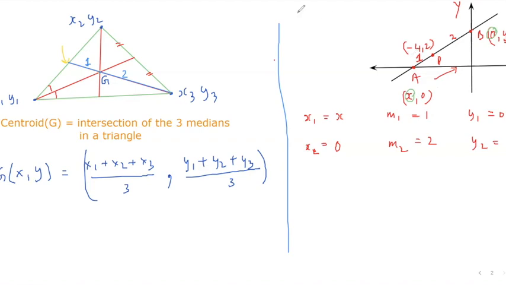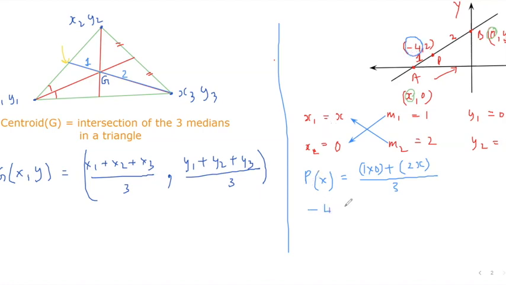Applying the formula for the X coordinate first, M1X2 plus M2X1. Okay, so I'm not writing the formula, I'm going straight into the sum. M1x2, which is 1 into 0, plus M2x1, which is 2 into x, divided by M1 plus M2, which is 3. Okay. And in fact, we know the x coordinate of P. It's minus 4.